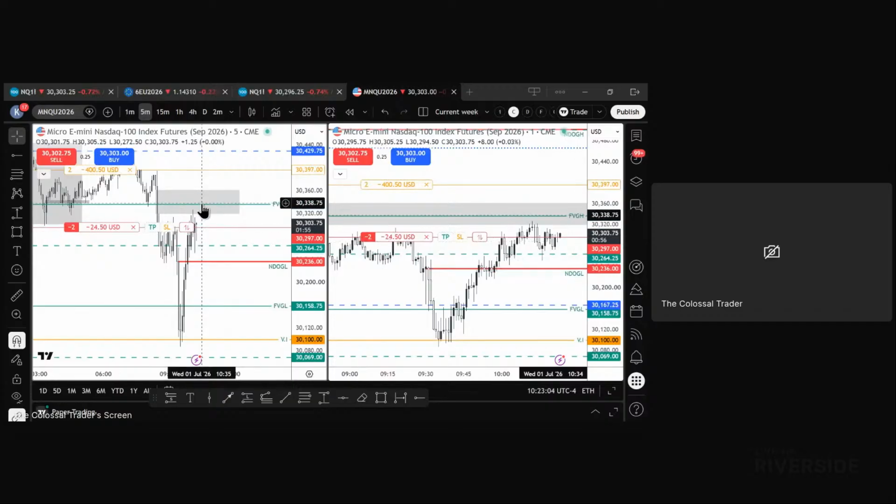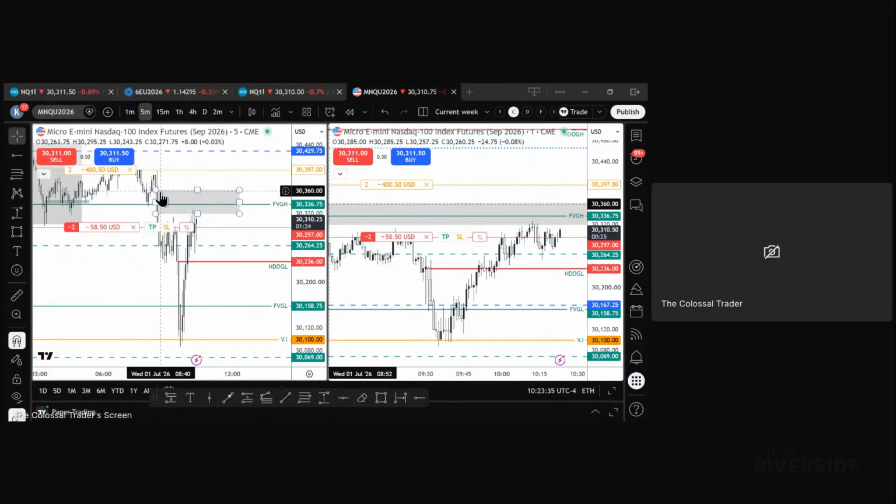We might see price print some candles in here and then drop. Only selling occurred here.